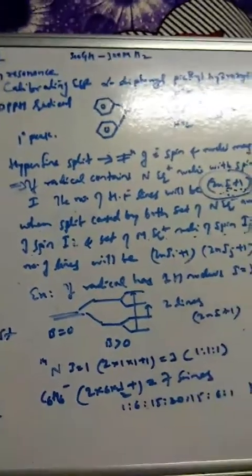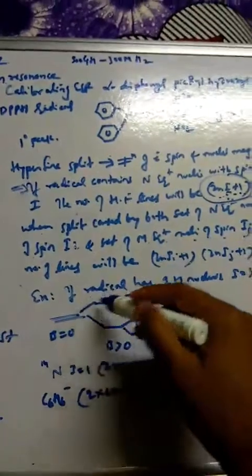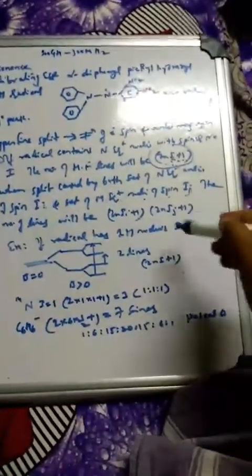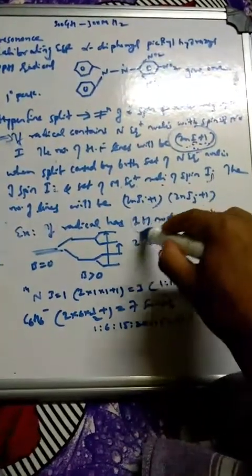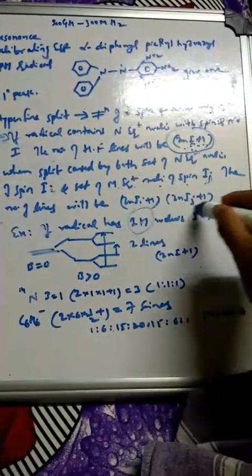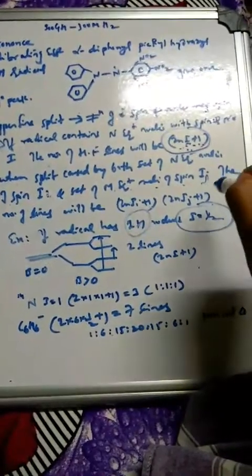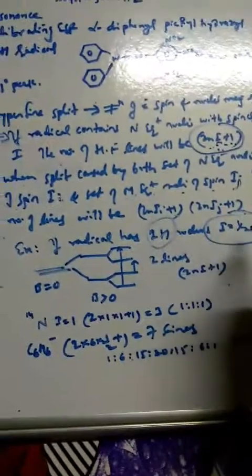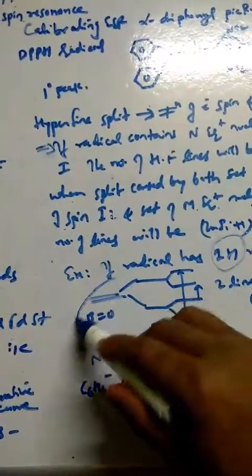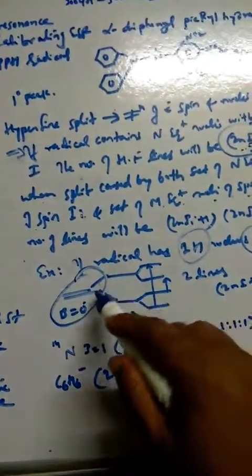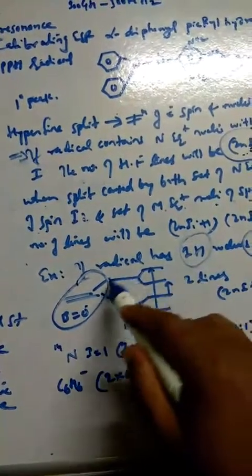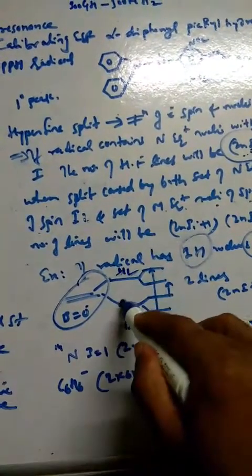Now you can see one example: a radical having one hydrogen nucleus, with I equal to half, because for a proton the quantum number I has the value of half. When the magnetic field is zero, the states are degenerate. When the magnetic field is increased, they split into plus half and minus half.